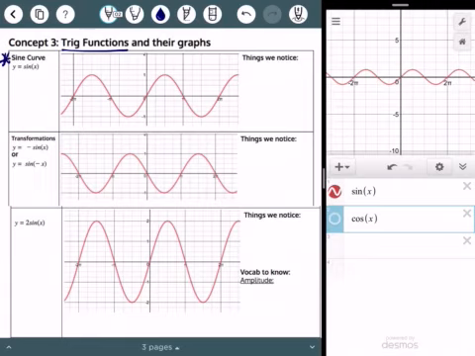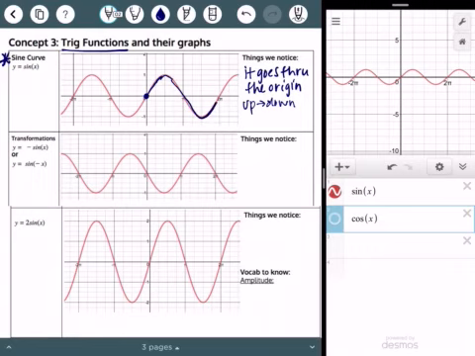We have a graph here, and we just want to take a second to write down some things that we notice. So one thing that I might notice is that it goes through the origin. I might say from time to time that it starts there, and it goes up first, and then after it reaches a peak of 1, it goes down.